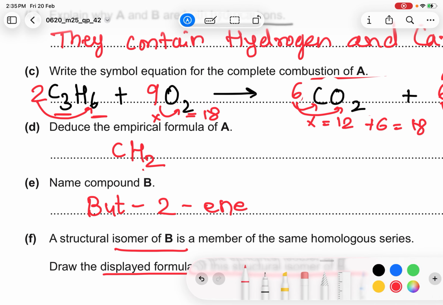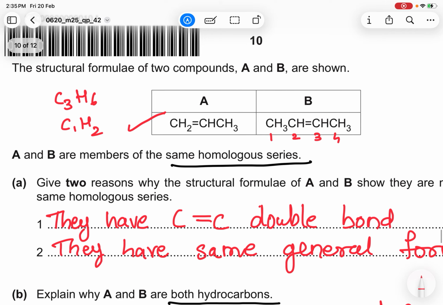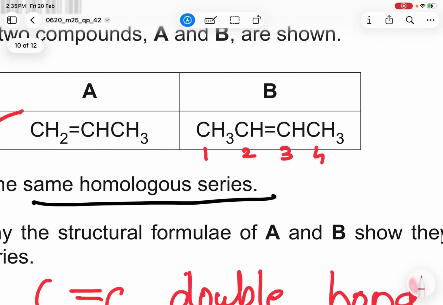Next, name the compound B. So B, we are just going to number the compound first. You have to always give the lowest number to the double bond. So either you number it from left to right, or from right to left: 1 2 3 4, you get the same number, 2 3 2 3.